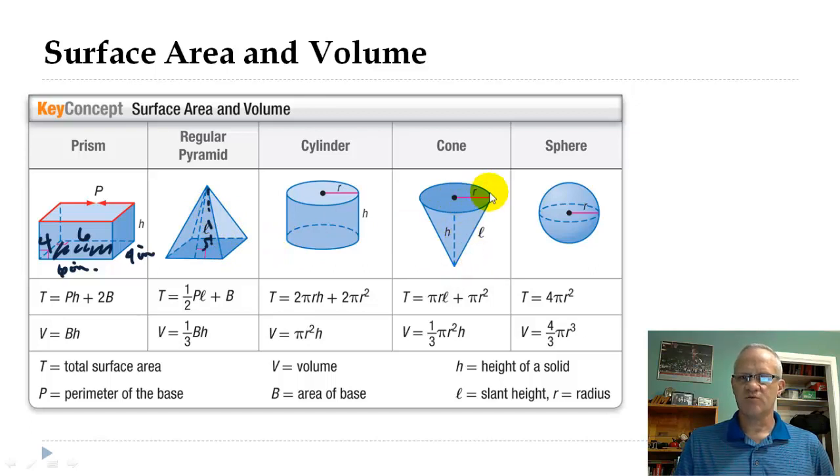The radius, again, would be the radius of the base or the circle. And once again, L would be down the side of the cone, from the vertex down the side of the cone. Okay, and you'd plug those in. And then, of course, finally, in the sphere, all you've got is the radius, which would be from the very center of your sphere out to the edge. And then you'd plug that in. Okay, so a few things about that.